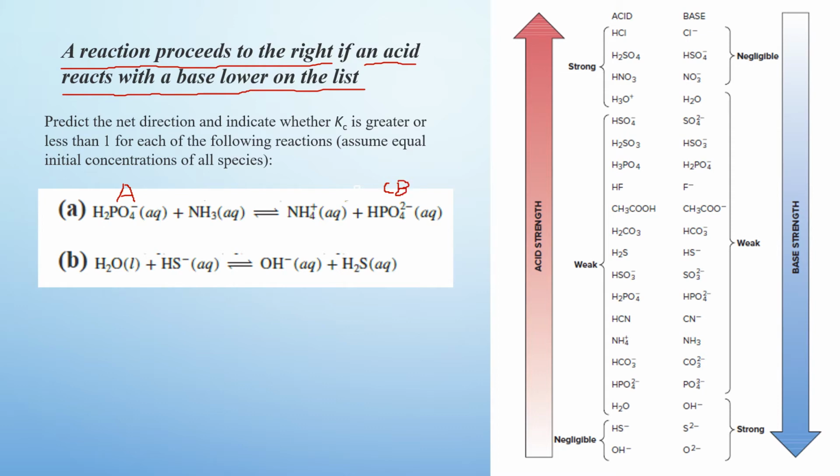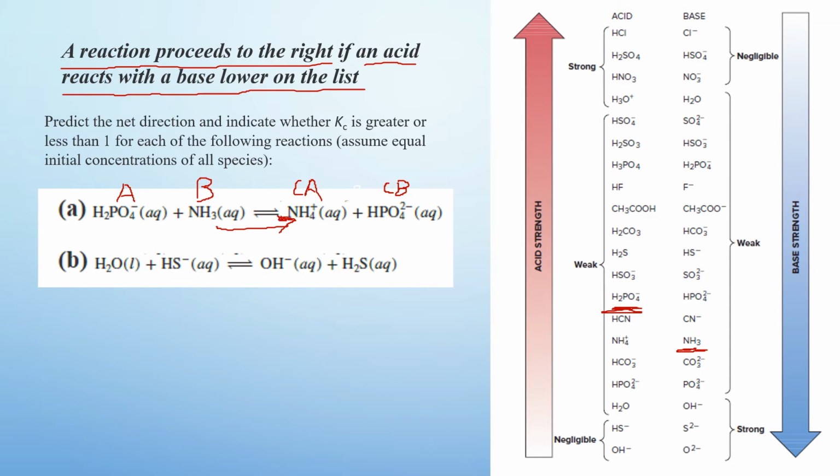I'm using the same color here to save some time. Ammonia will be the base, and the ammonium will be the conjugate acid. Now let's find their location in this figure. H2PO4- is right here, and the base ammonia is right here, so it is below H2PO4-. That means the reaction will proceed to the right.